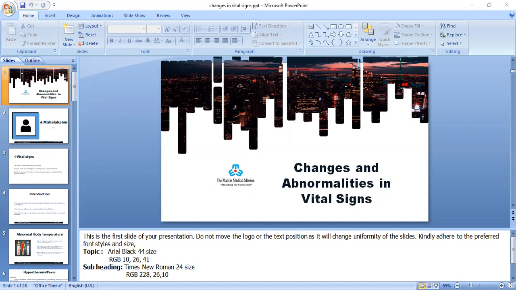Hypotension can also be due to decreased systemic vascular resistance like sepsis, anaphylaxis, and vasodilatory medication overdose, ACE inhibitors, calcium channel blockers, and nitrates.